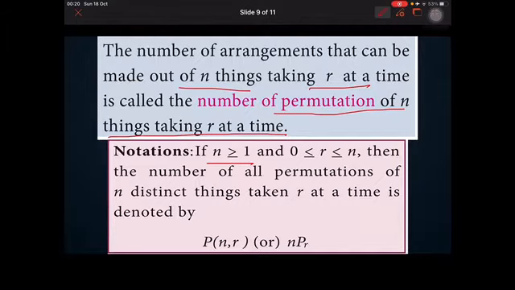So n distinct, that means n different things taken r at a time, and we denote the permutation as P of n comma r or nPr. Both are the same. This is how we denote the permutations of n things taking r at a time.